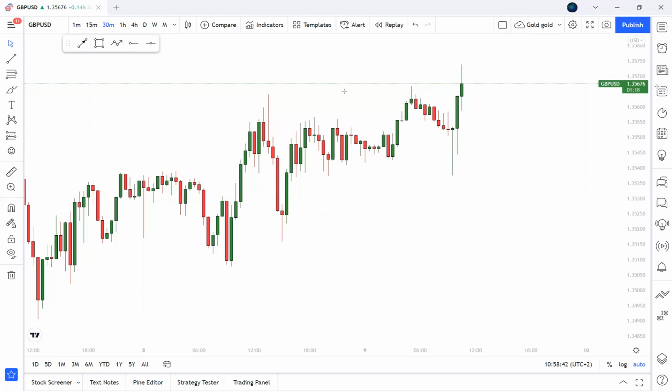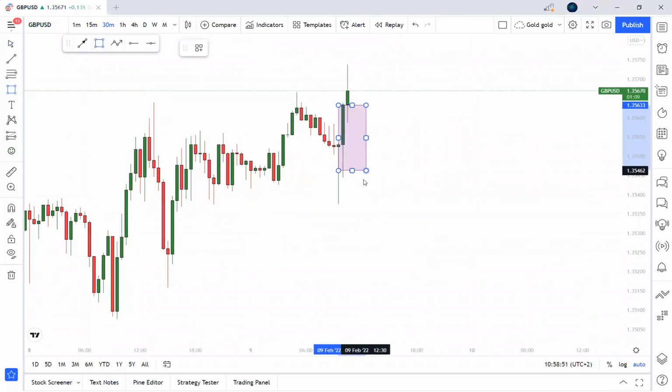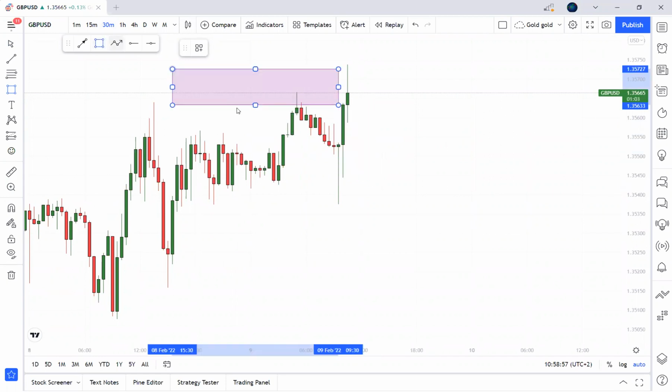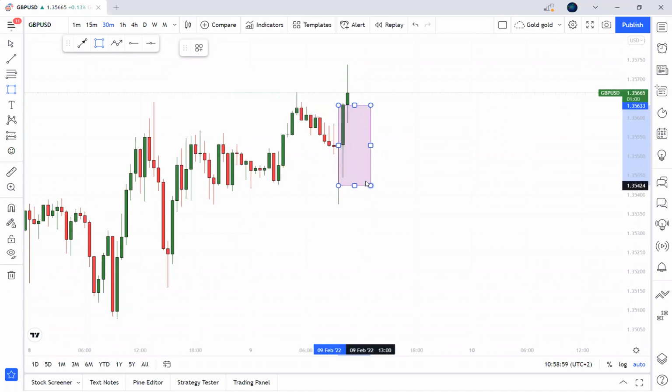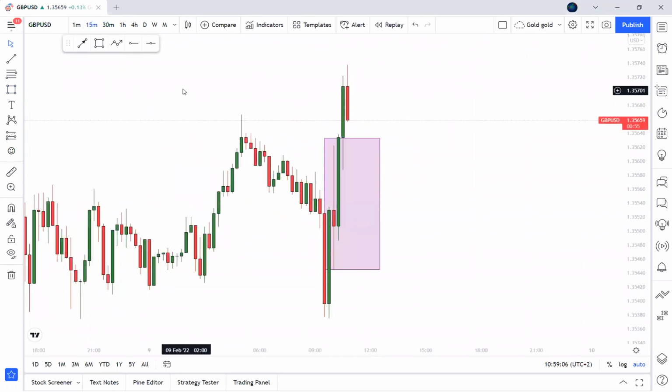For example, if we are to look at this certain candle that we have right here, right? Let's highlight this candle. Let's go on the 15-minute time frame and see how the candle formed. All right.